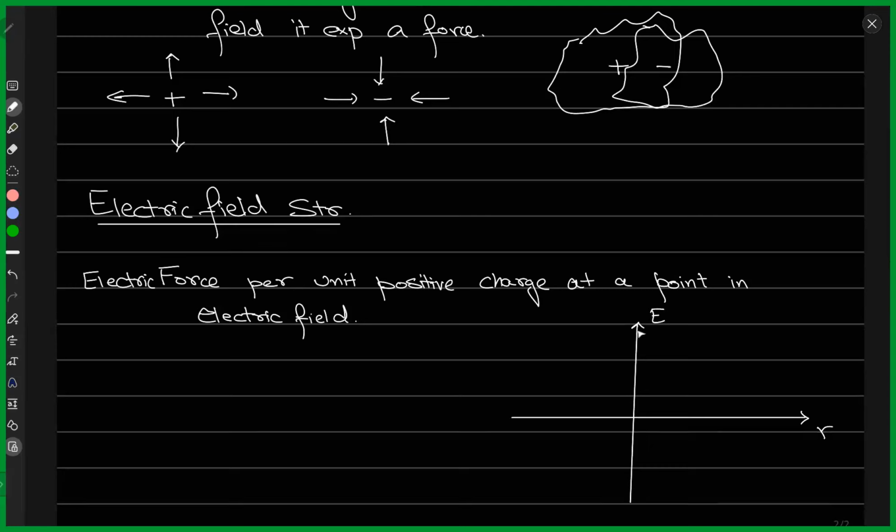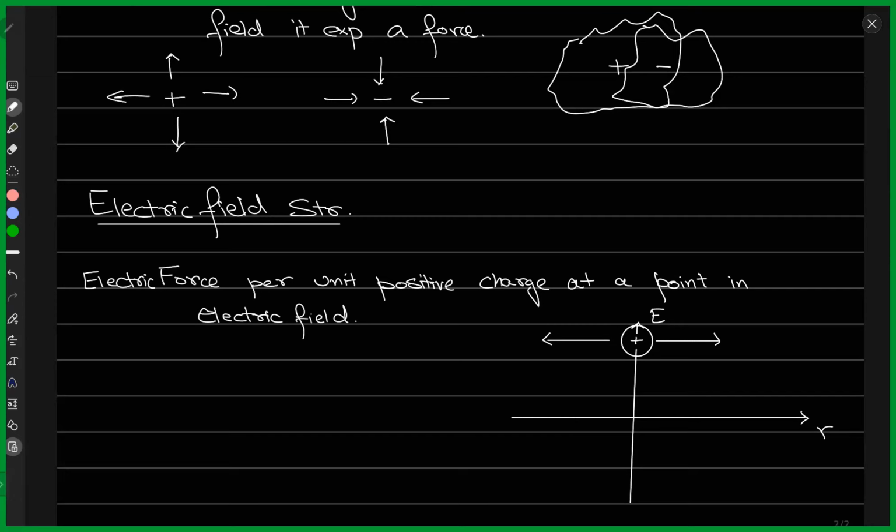All right, so suppose I have a spherical charge placed over here, and suppose that this charge is a positive charge. There will be field lines coming outwards from this charge, right? We have discussed that.